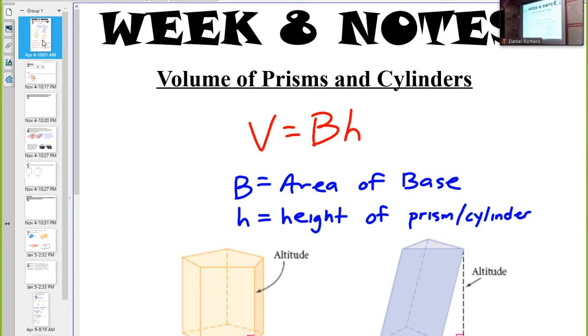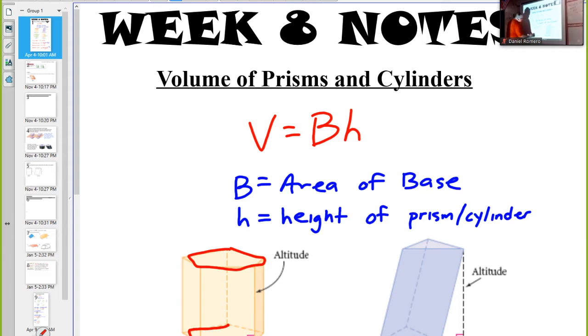We had a lesson yesterday on prisms and cylinders, and I started it off saying, let's compare and contrast. You know what both of these have in common? They all have two bases. You name a prism by its base. If I have a pentagonal prism, I have two pentagons.